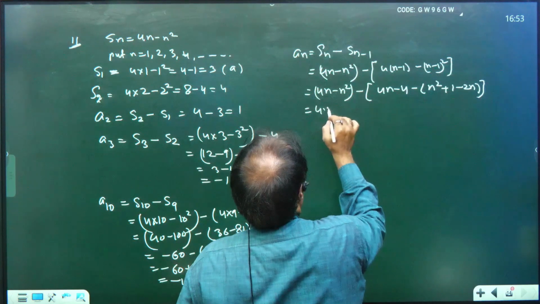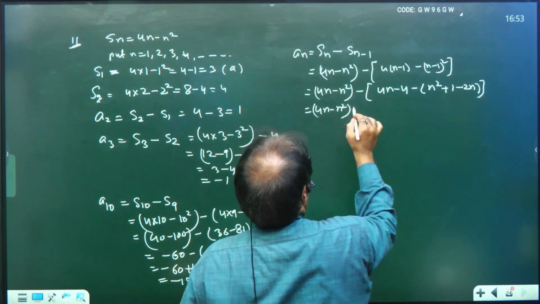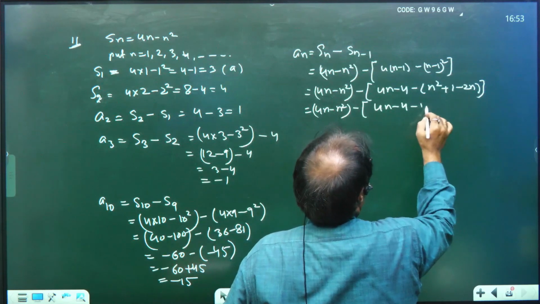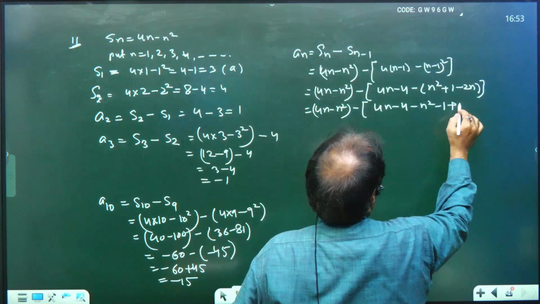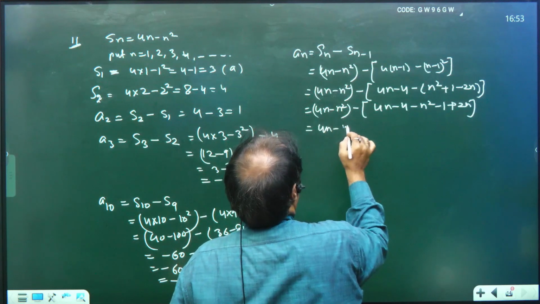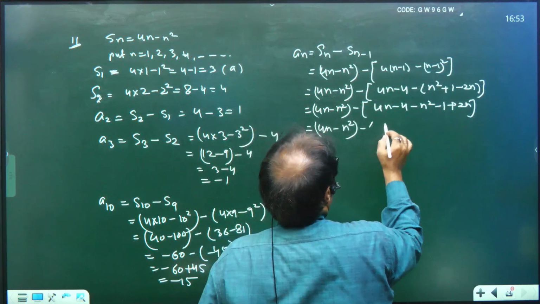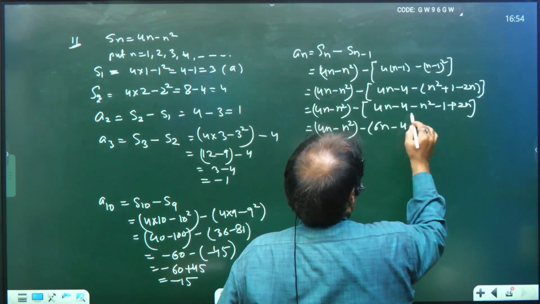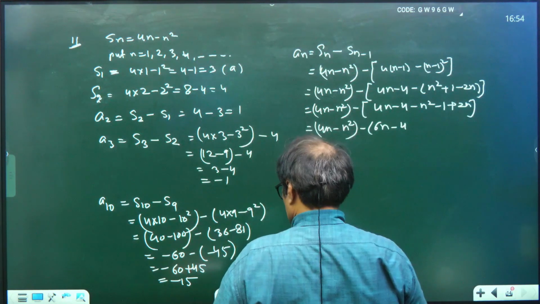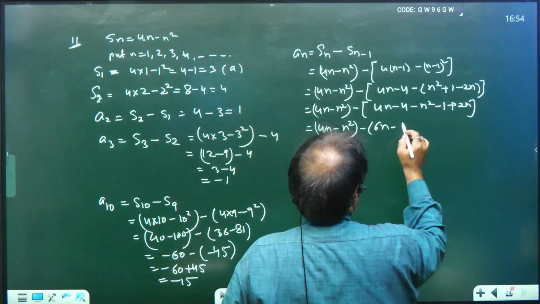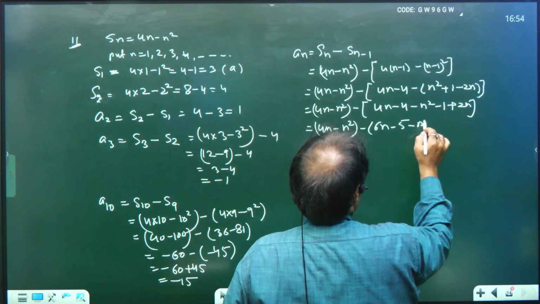So 4n minus n square minus 4n minus 4, open this, minus n square minus 1 plus 2n, sign will change. So this is 4n minus n square and minus 4n 2n, 6n, and minus 4 1 minus 5, this will be minus 5, minus 4 minus 1 minus 5 and minus n square.